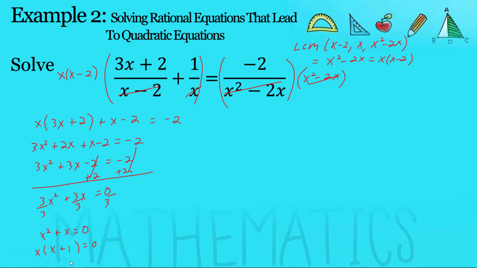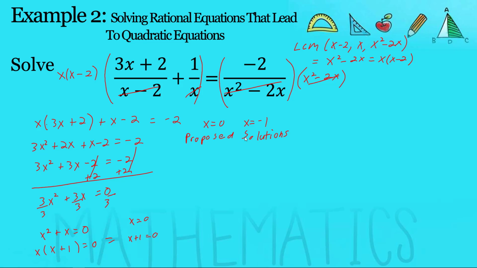So using the zero factor property, we can see that we have two solutions. The first one is going to be that x is equal to 0. The second one is going to be x is equal to minus 1, because the solutions will be the solution to x being equal to 0, or x plus 1 is equal to 0, which of course would be minus 1. So these are our proposed solutions.